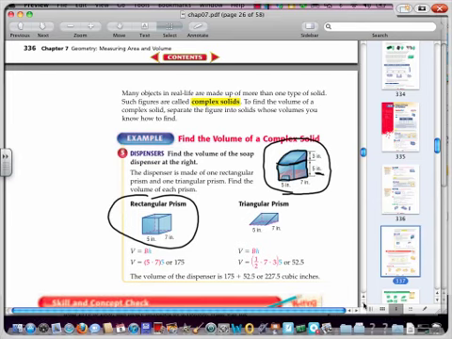And so the rectangle on the bottom, 5 by 7, we'll do that off the side here. 5 by 7 is going to be 35, times another 5 for the height. That's this height right here. So times 5, and that's going to give you 175 for the volume there. And we're talking about cubic inches.